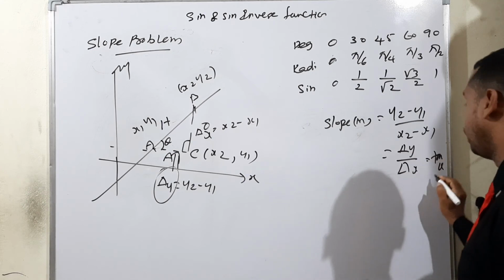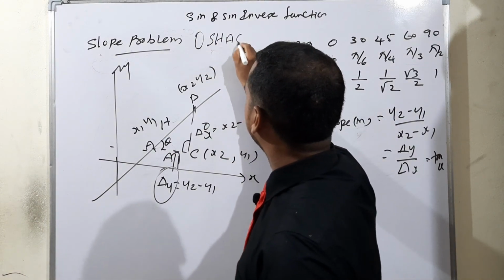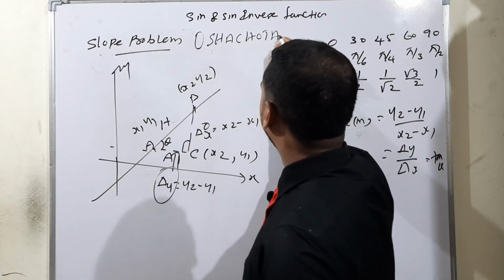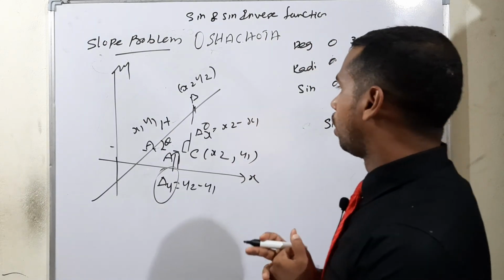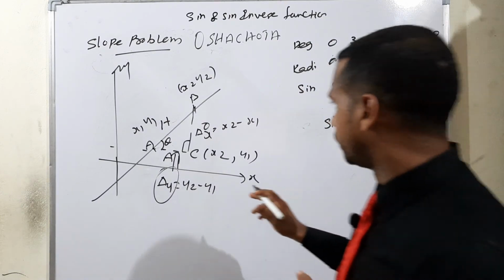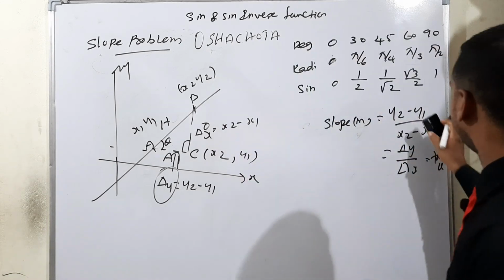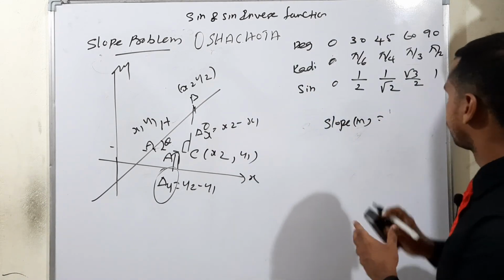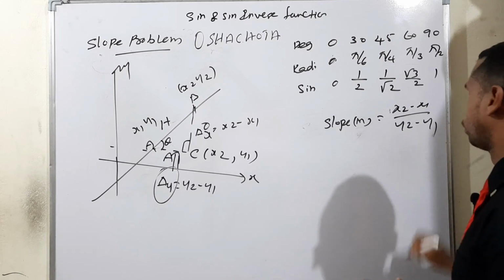Why? What is the meaning of tan theta? Opposite divided by adjacent. Listen, my dear, actually the slope m is equal to x2 minus x1 divided by y2 minus y1.